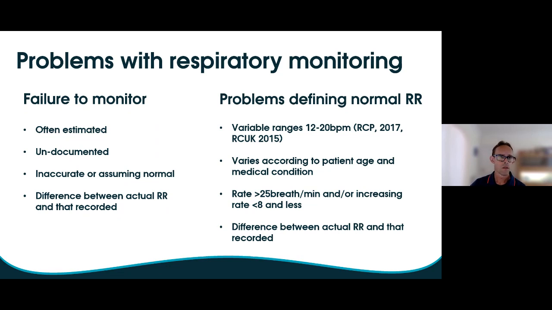In practice, it can be quite difficult to measure respiratory rate accurately, as patients may alter their breathing if they know they're being watched. So do we go for a sort of covert respiratory rate monitoring? Well, there are subtle ways of monitoring respiratory rate without making it too obvious, and I'll come to those later in the talk.